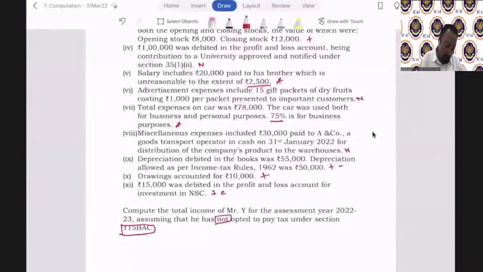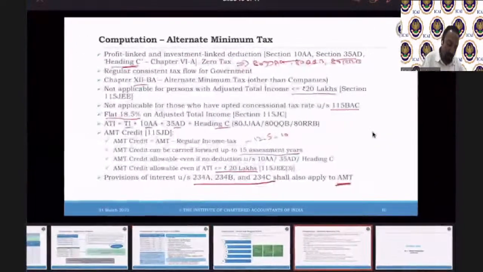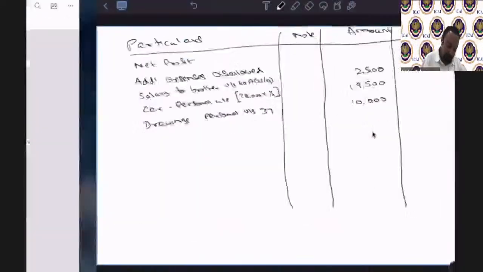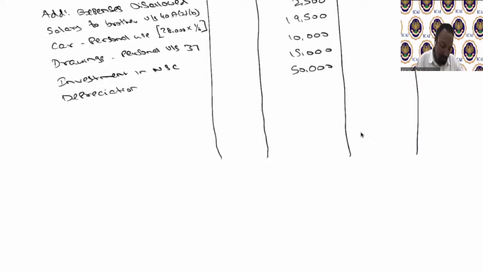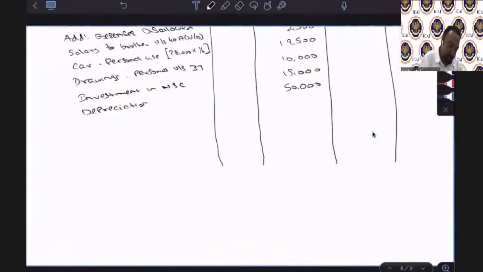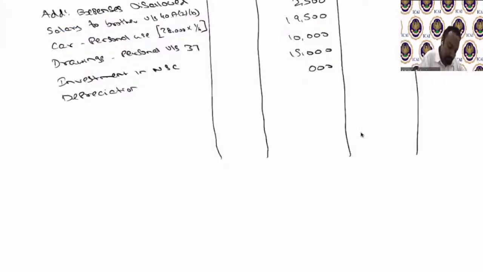Then you have what? Debited to NSC investment. So that is also not allowed. Investment in NSC, 15,000, right? And depreciation, is it 50,000 or 55,000? 55,000 is what is provided in the books of account.